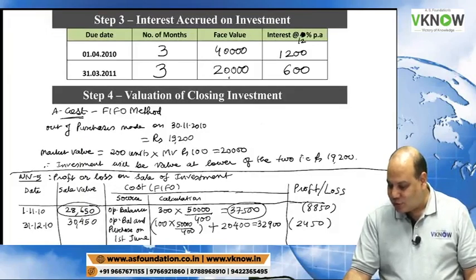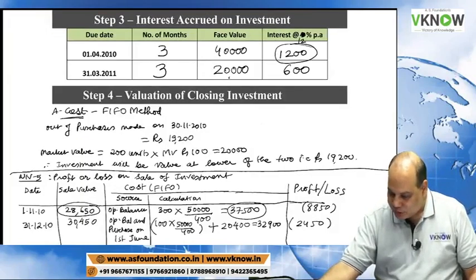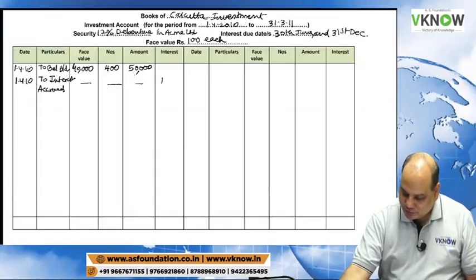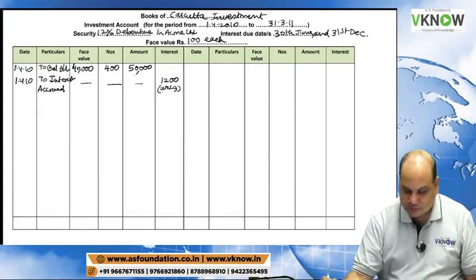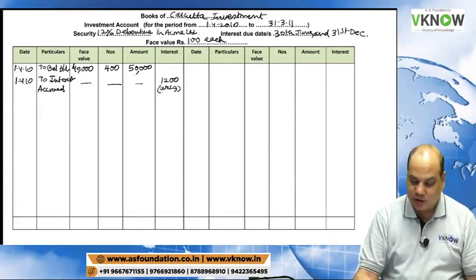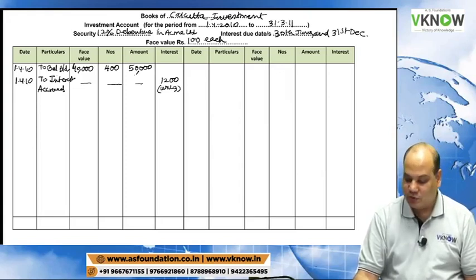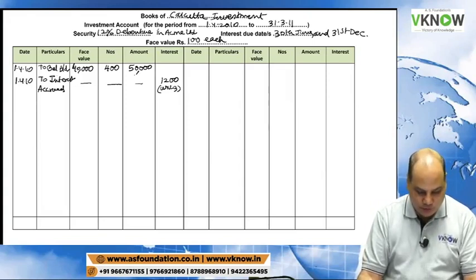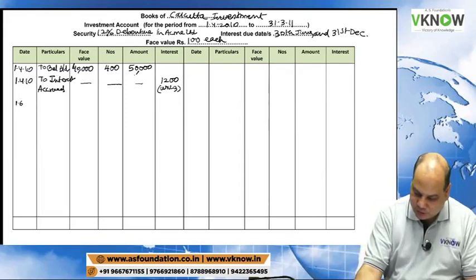Interest accrued on opening balance, working note 3, 1,200 rupees. Next, we'll pass entry for purchase on the debit side first. First purchase was made on 1/6/10 to bank.